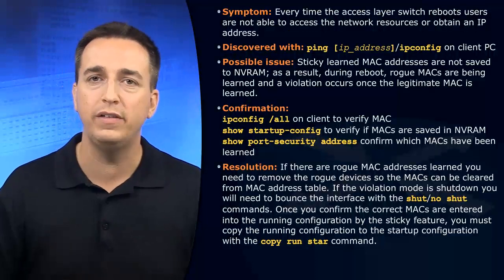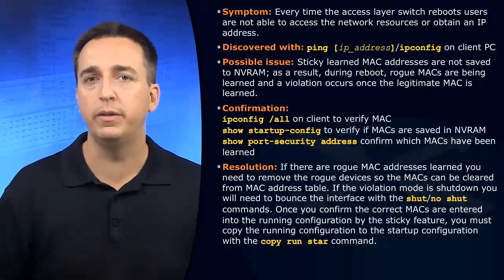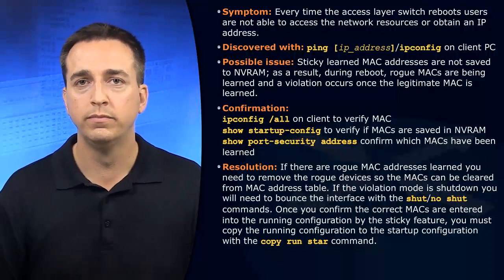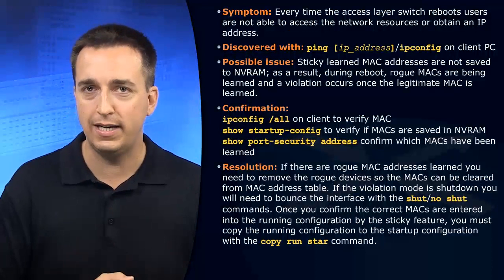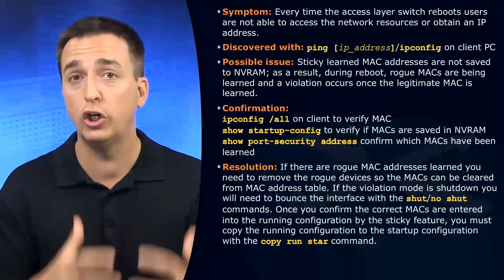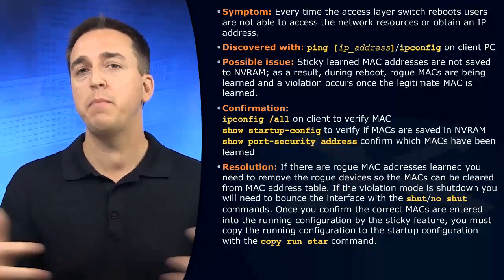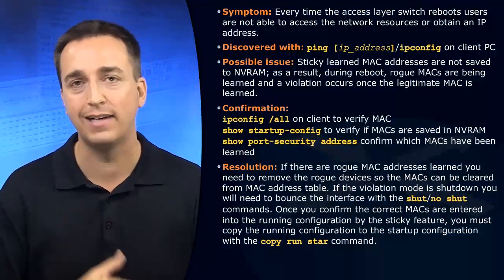You're using the sticky feature. And then all of a sudden the switch gets rebooted. A rogue device caused that to happen, because what they're trying to do is get their MAC address learned before the legitimate MAC addresses are learned on the switch port. That way they can get access to the network.